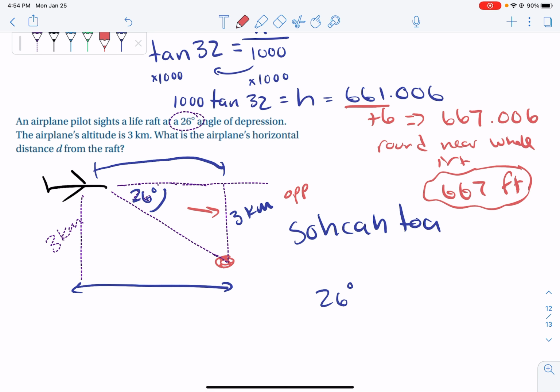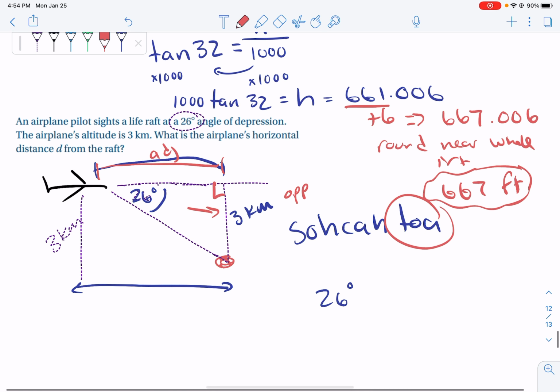And up here, my distance here is my adjacent. So I have opposite and adjacent, which means I'm going to be using tangent, which, guys, you're going to use tangent a lot on story problems. The hypotenuse is usually one of the least interesting numbers in the problem. So tangent's going to come up a lot.